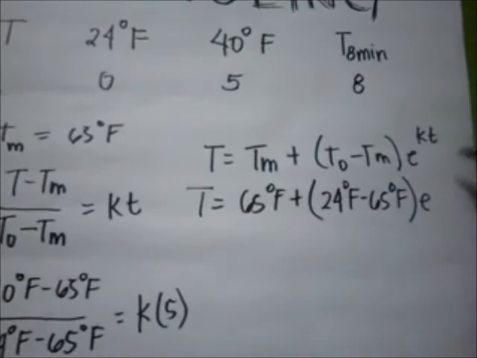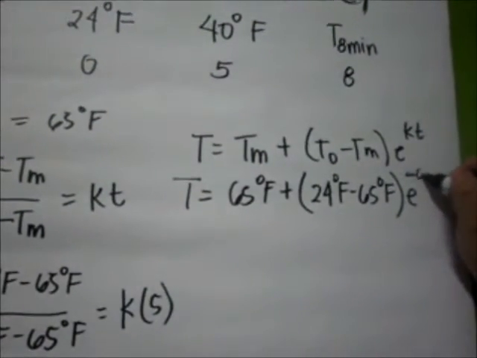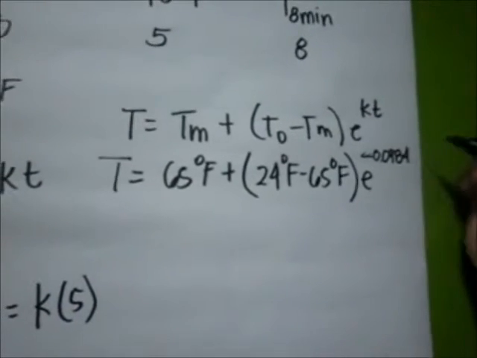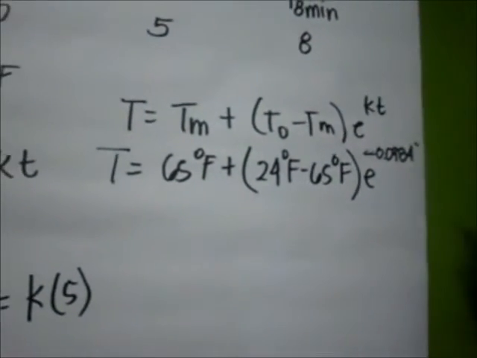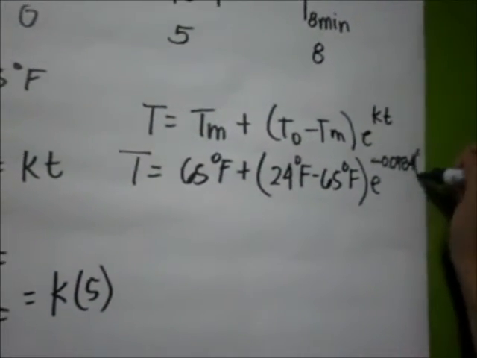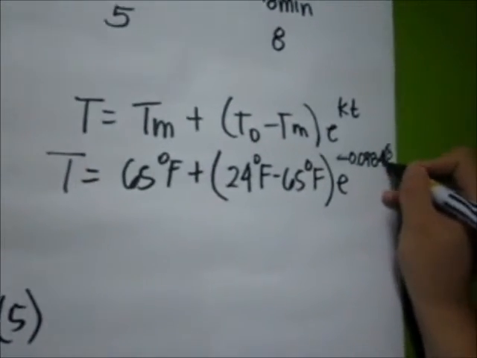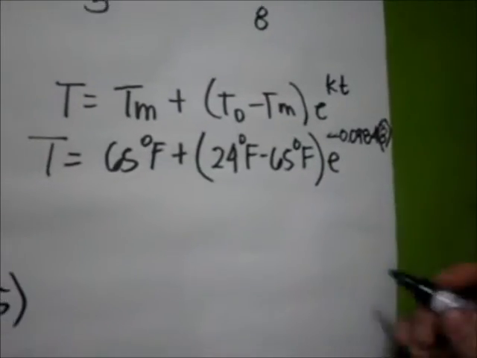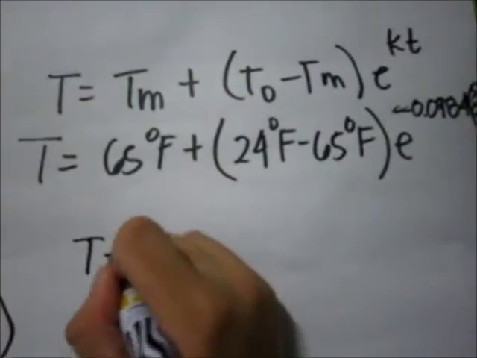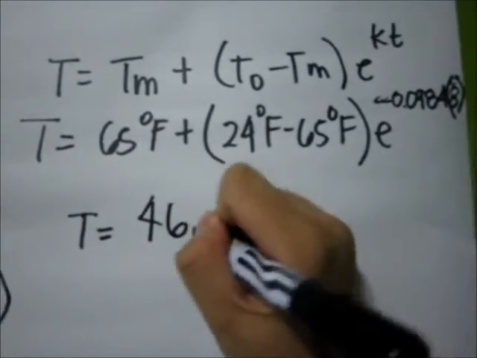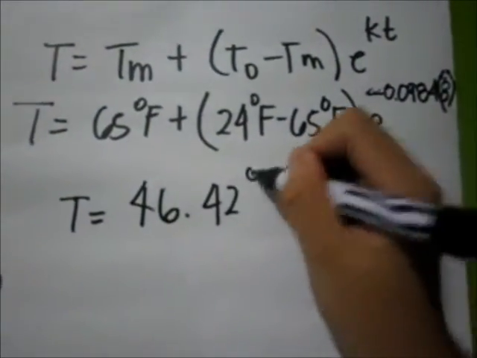Substitute k, e raised to negative 0.09894 times 8. So our T will be equal to 46.42 degrees Fahrenheit.